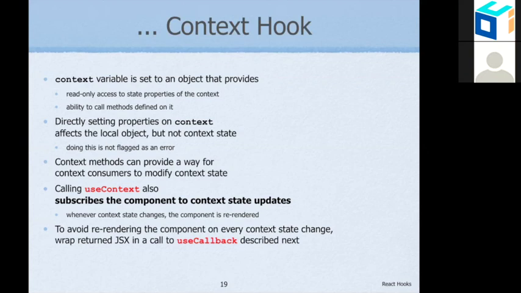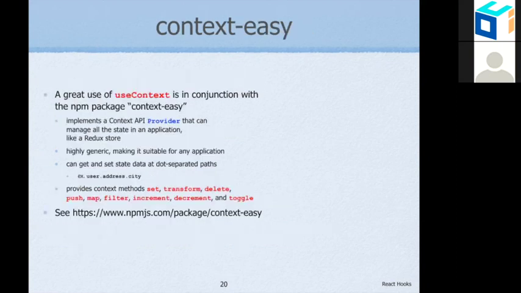By default, if anything in the context changes, your component is going to re-render. But maybe your context holds, say, 30 different pieces of data and you're only using 3 of them. You'd like it to be the case that your component only re-renders if the 3 you care about have changed. And you can do that by making use of another hook called useCallback.